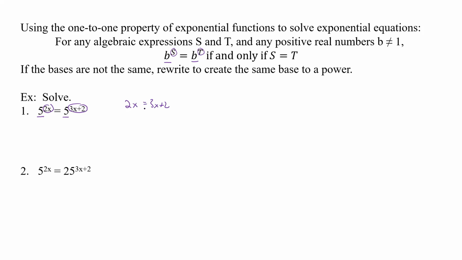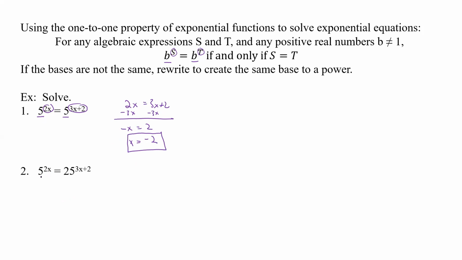Now we can solve for x. So let's say we subtract 3x. So a negative x equals 2, or x equals a negative 2 when you divide by that negative 1. Okay, and so that would be our solution to this equality.